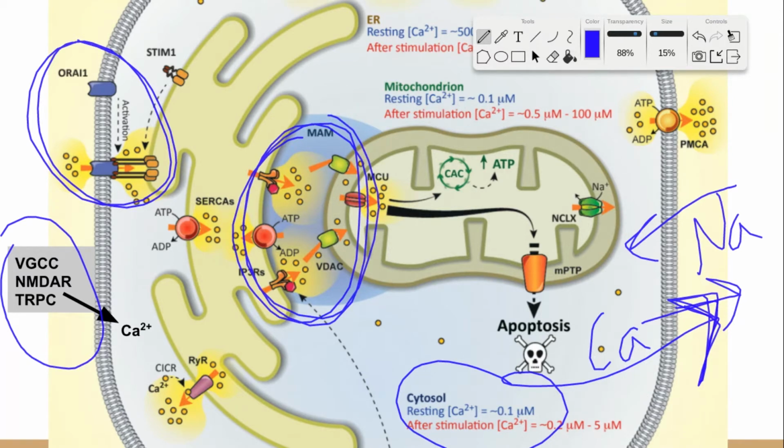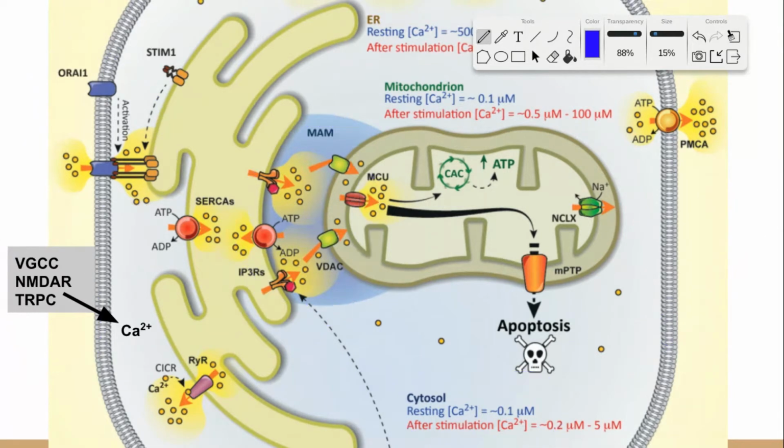The ER can shoot out these little calcium puffs primarily by these IP3R channels, and also RYRs, or ryanodine receptors.